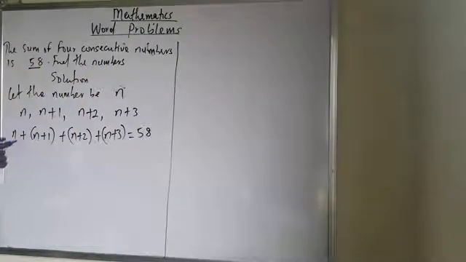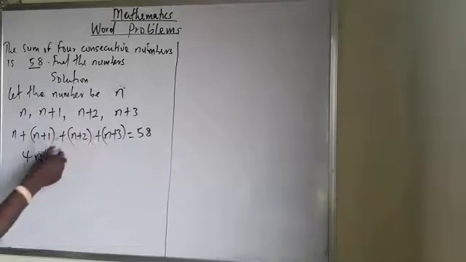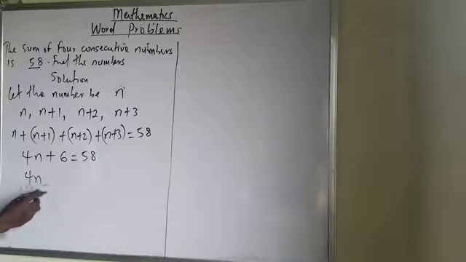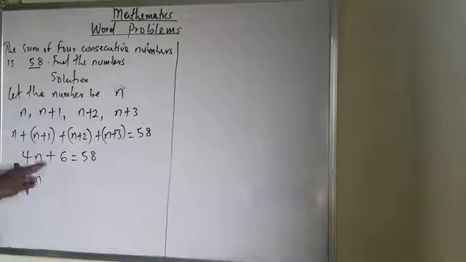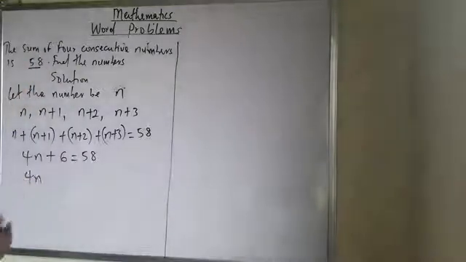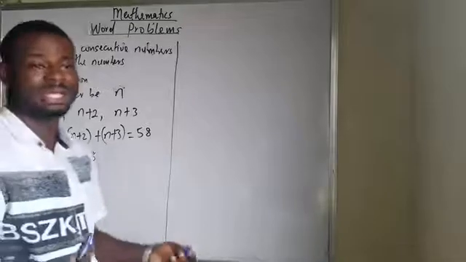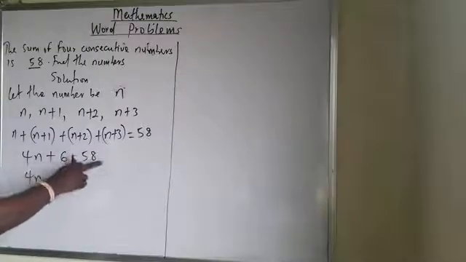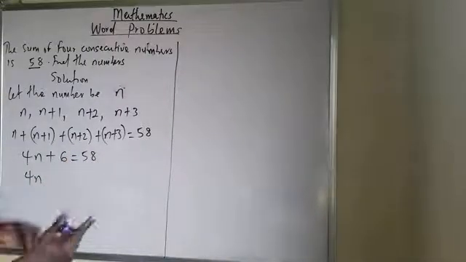Now, collecting terms, I have 4n plus 6 equals 58. Now, I will subtract 6 from both sides. Many teachers normally use the word carryover, when you carry plus over the equal sign to become minus, but that is not allowed.